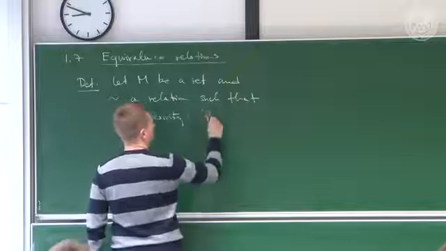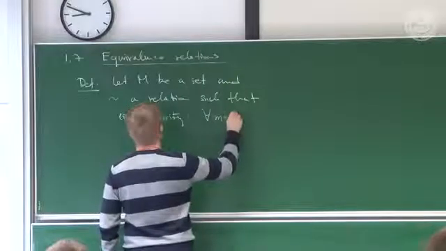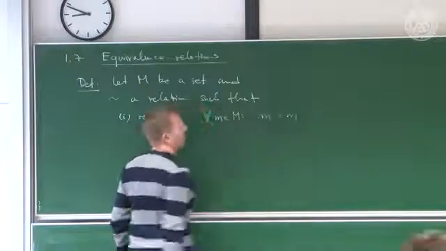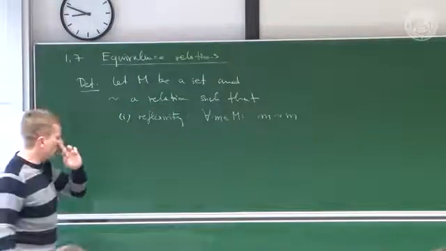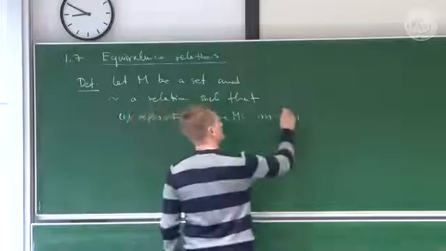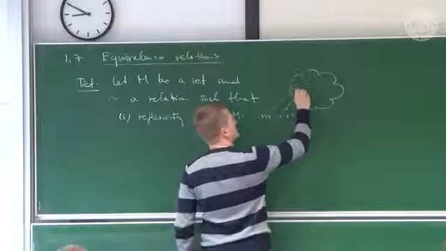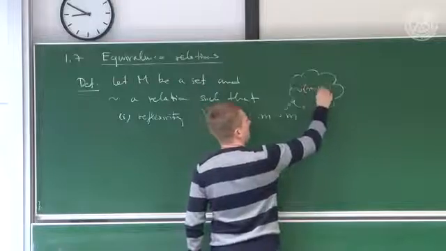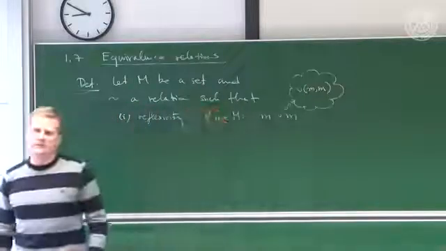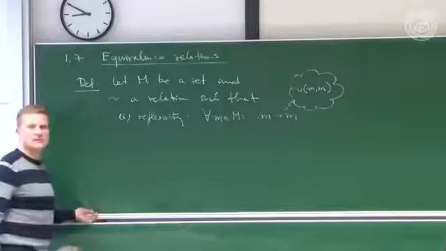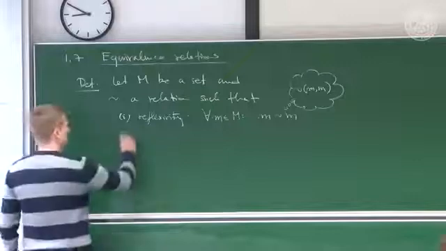Reflexivity means that for all m in the set M, it is true that m ~ m. And you remember our convention that this means (m, m) is in the relation. But if we have a relation, we very often put the relation symbol in between the two arguments because this saves chalk.